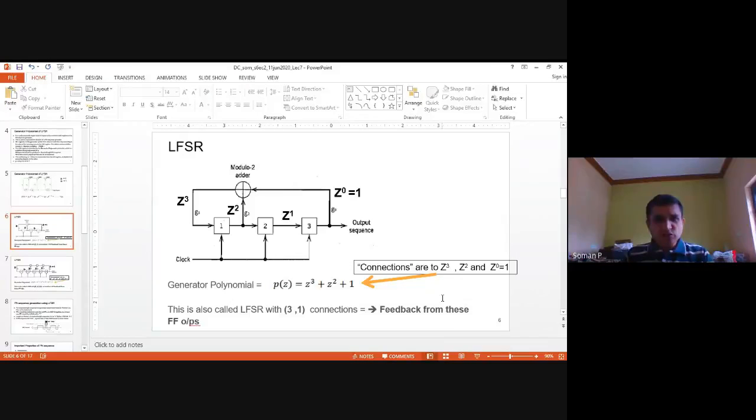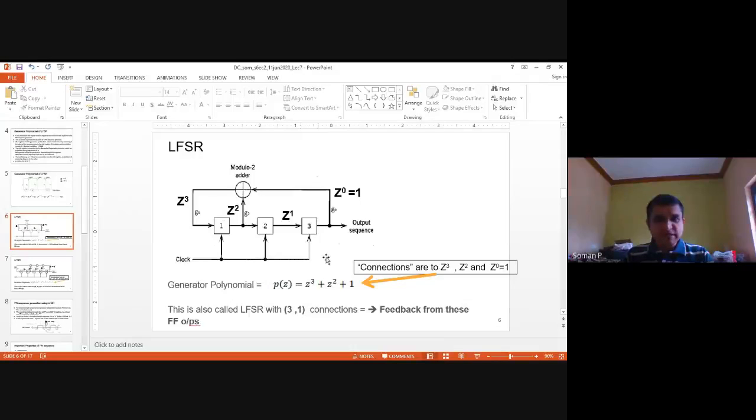I want all of you to memorize this or keep it in mind as a picture. One way is to represent this by using the polynomial. Another way is to represent this LFSR with a pair (3, 1).